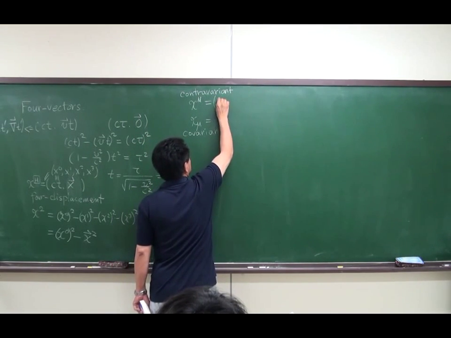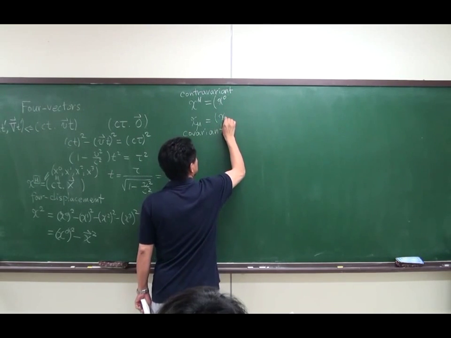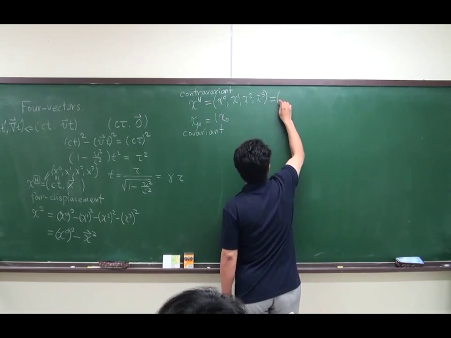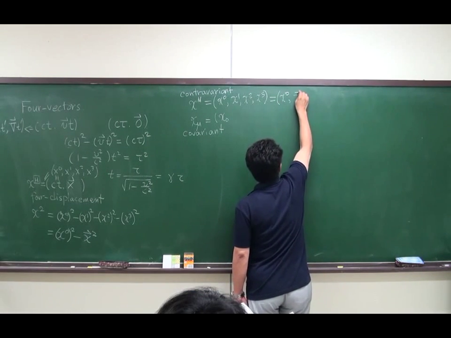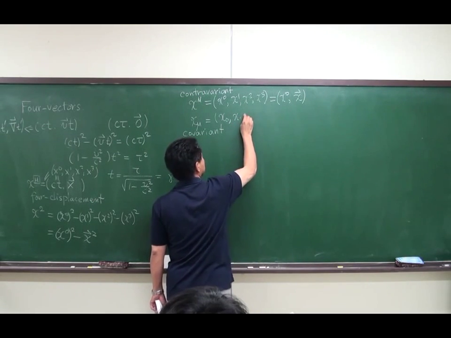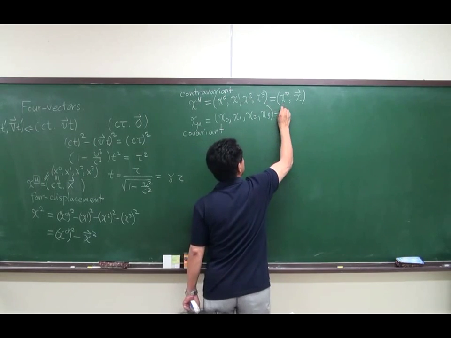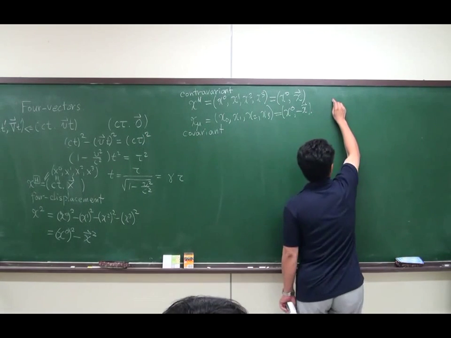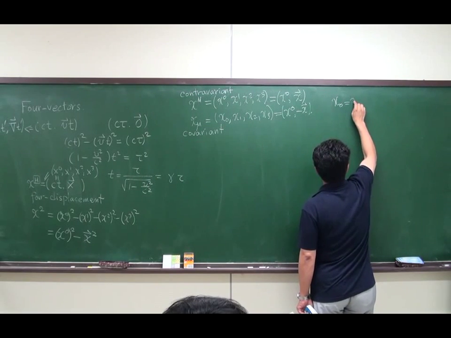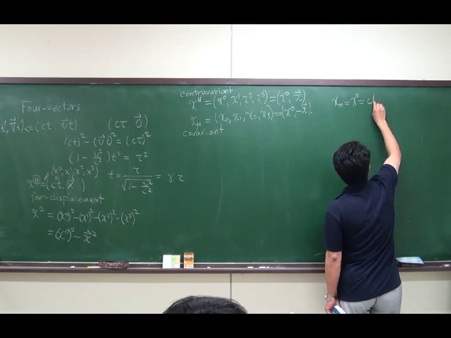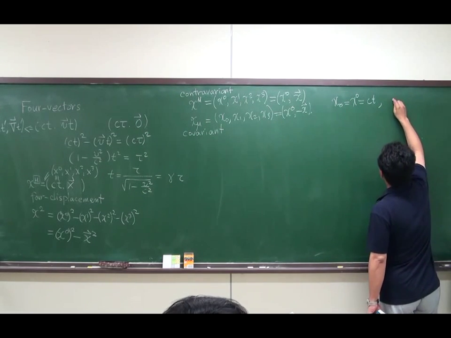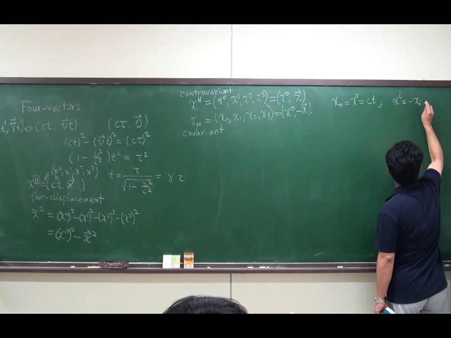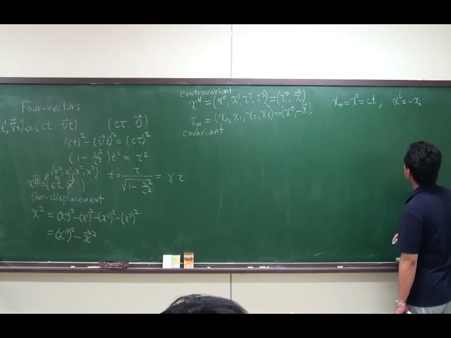And the 0th component here we can find that x0 with lower index equals x0 with upper index, and xi with lower index equals minus xi with upper index, right?